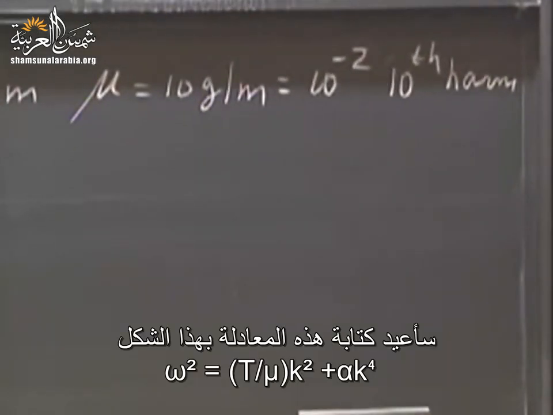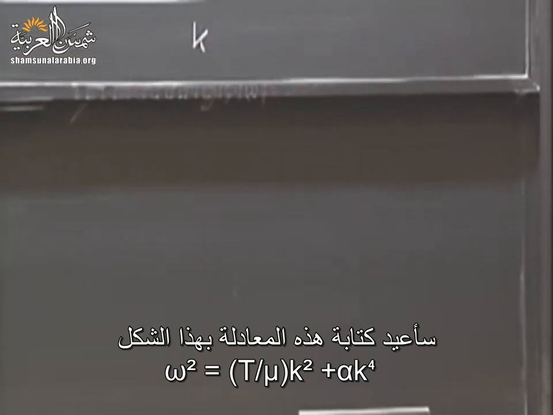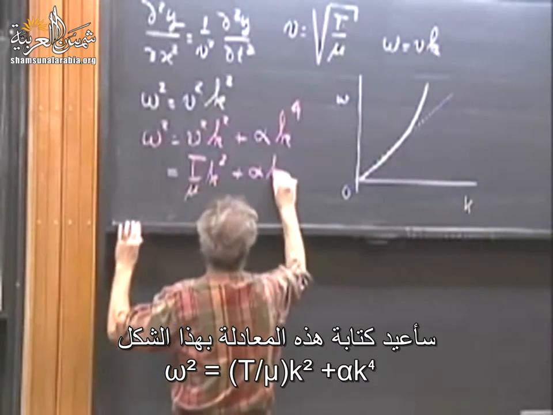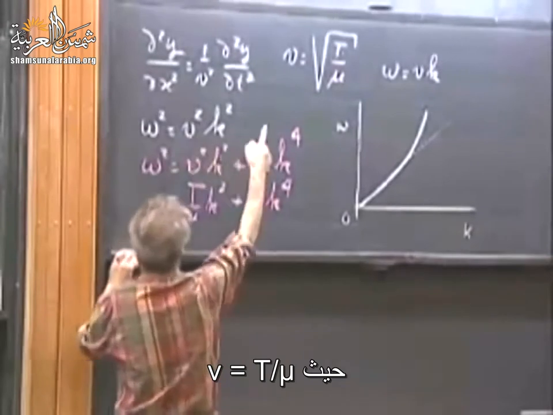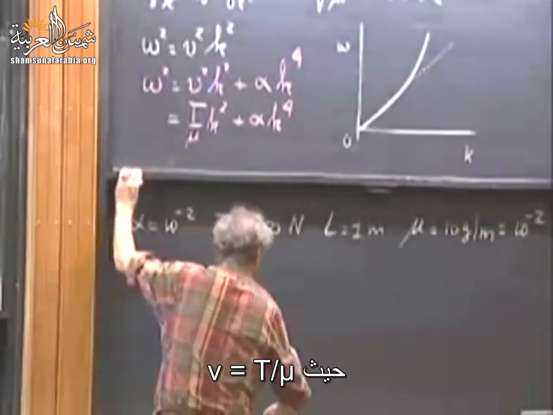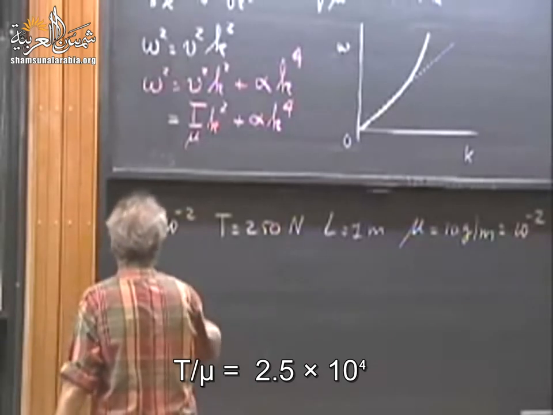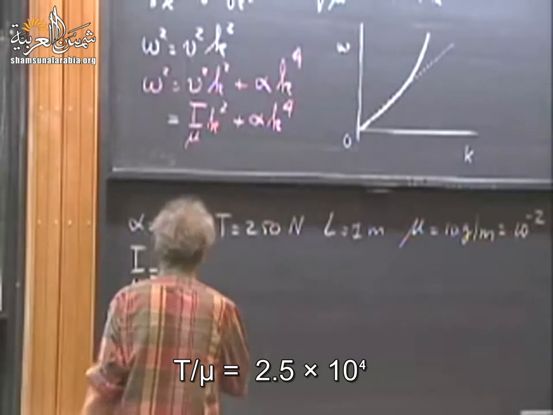Well, this can be written, I will write it down again, as T divided by mu times k squared plus alpha k to the fourth. This V, remember, was T divided by mu. So T divided by mu, that's easy enough. That is 2.5 times 10 to the fourth.